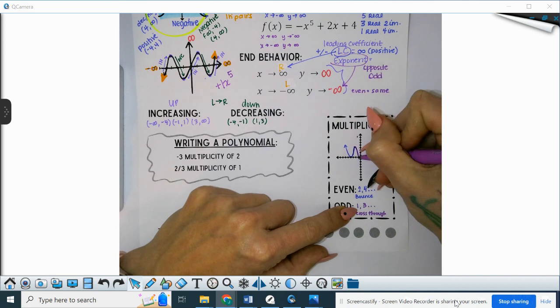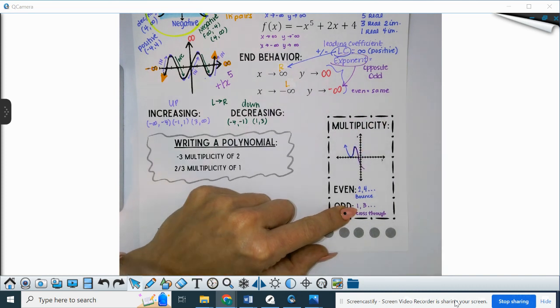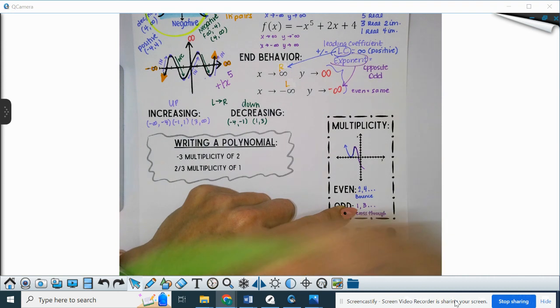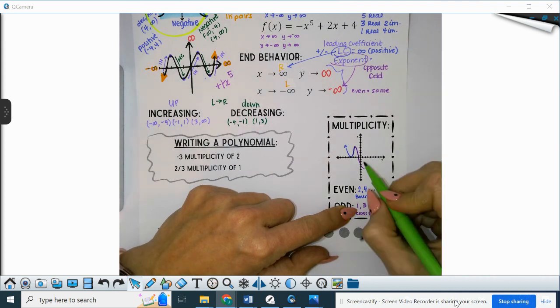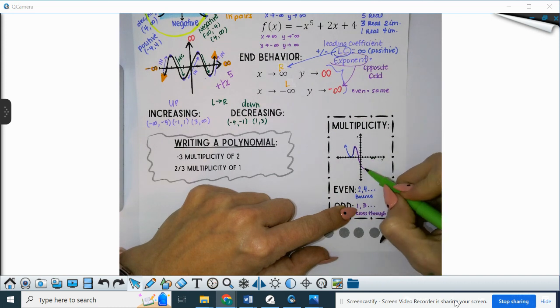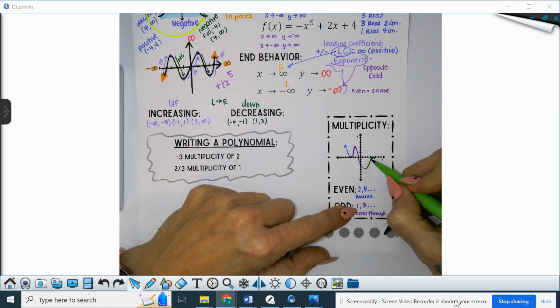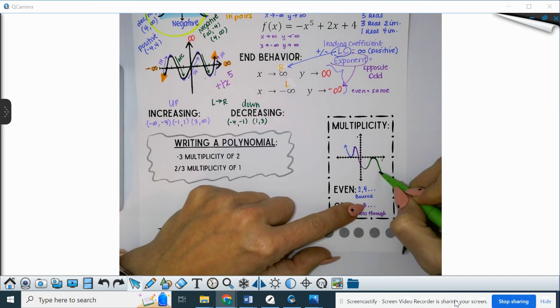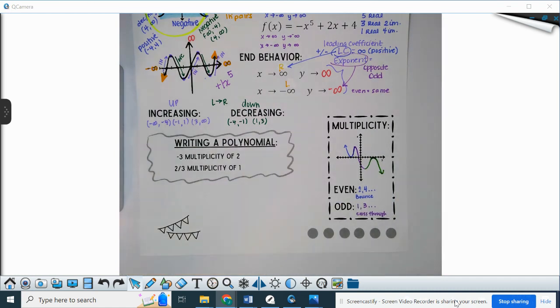And then just for fun, let's make it look something similar to maybe what a 4th power looks like. So 1, 2, 3, 4. Let's go right here. It drags a little, like, drawing it by hand with my markers is a little tough, but it drags a little, like it hangs out, like it's not a quick bounce. So a quick bounce would be a 2, a drag would be a 4, a cross through very quickly is going to be a 1.